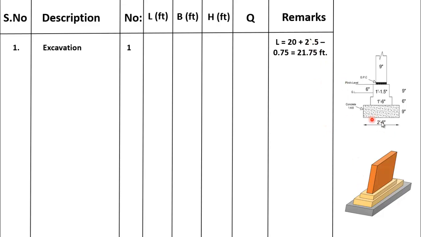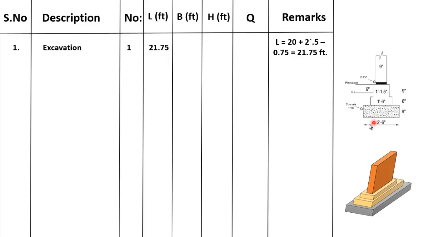Here the excavation width is 2 feet 6 inches, or 2.5 feet, minus the width of the wall. Here the width of the wall is 9 inches. 9 inches in feet is equal to 0.75 feet. After simple calculation, we will get the length of the excavation as 21.75 feet.